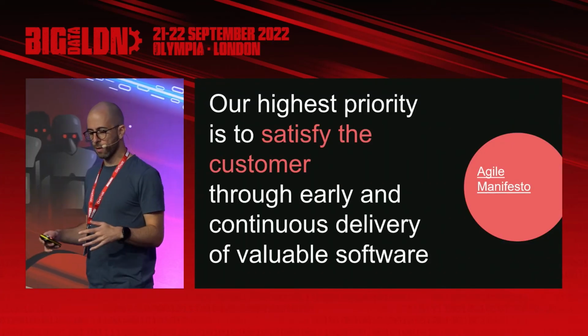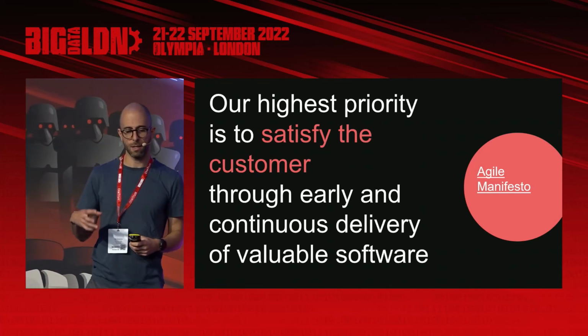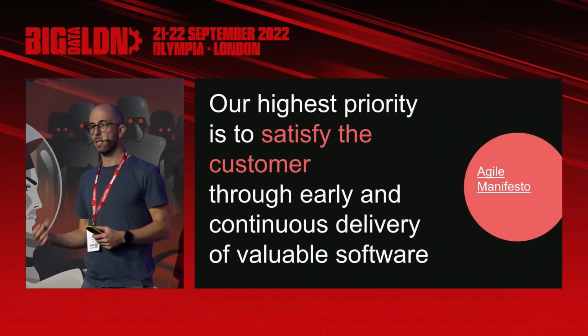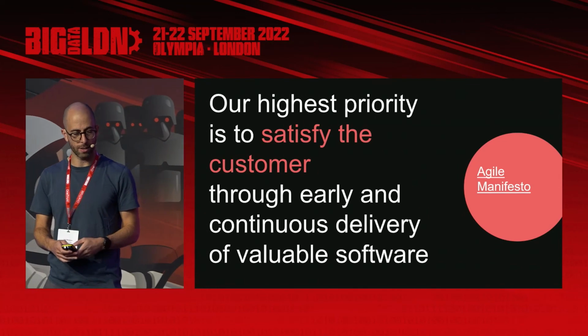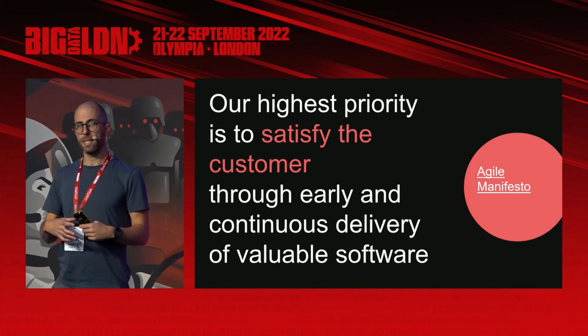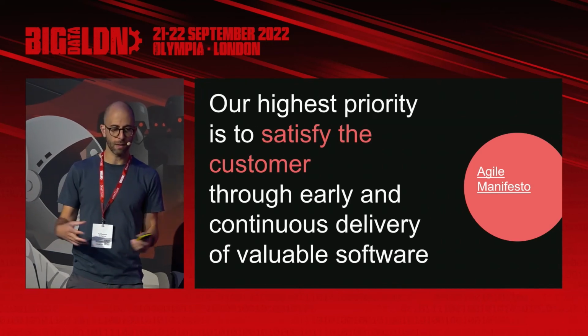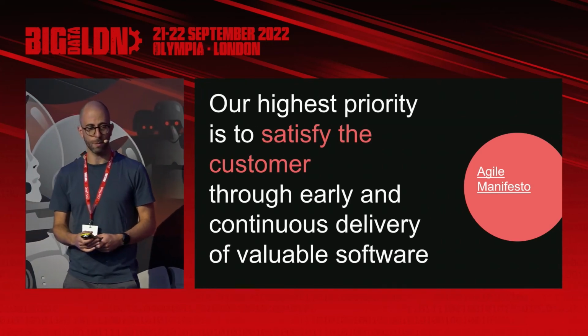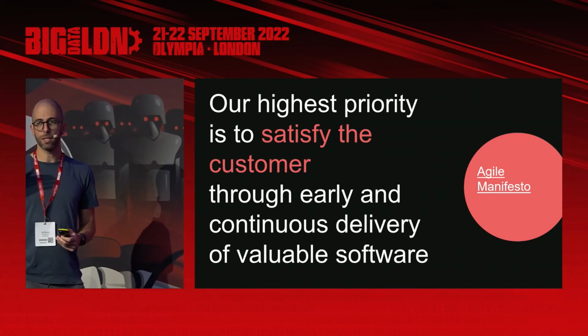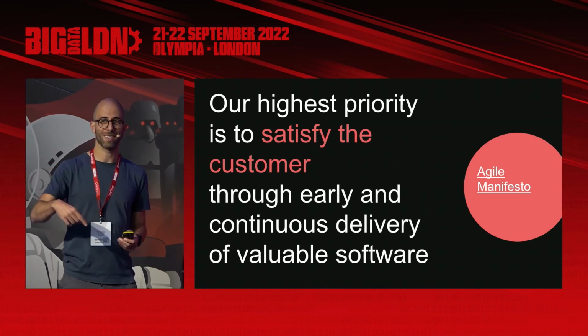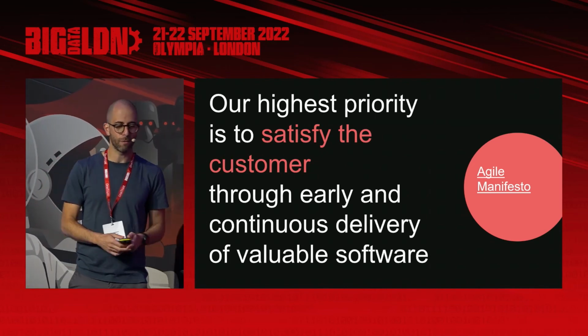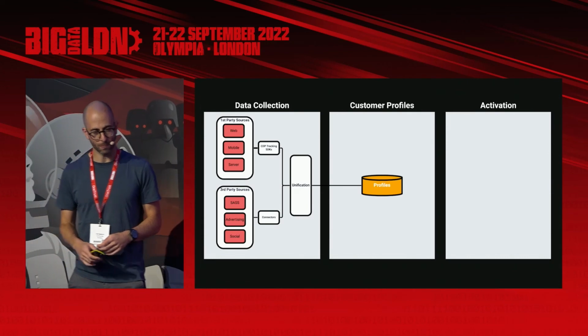And for Auto Trader, if you had to boil this down to one reason they went for this, it's that they wanted to take an agile approach to CDP. CDP has all the hallmarks of a big waterfall, high investment, long time to value project, and they wanted to take an agile approach to continuously deliver value.